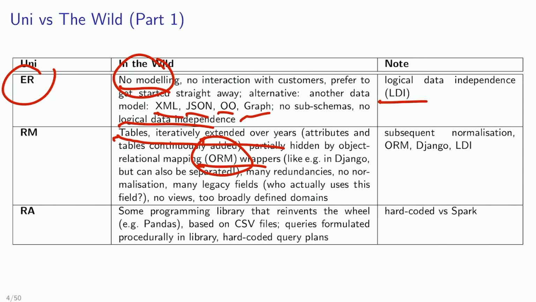Yeah, so there are many redundancies, no normalization, legacy fields. That's another phenomenon you see in old schemas. Back in 1975, someone created the attribute. No one uses it anymore. No one knows what it is used for. The developers who created it left the company or retired. But it's still in the schema, and no one dares to remove that attribute from the table.